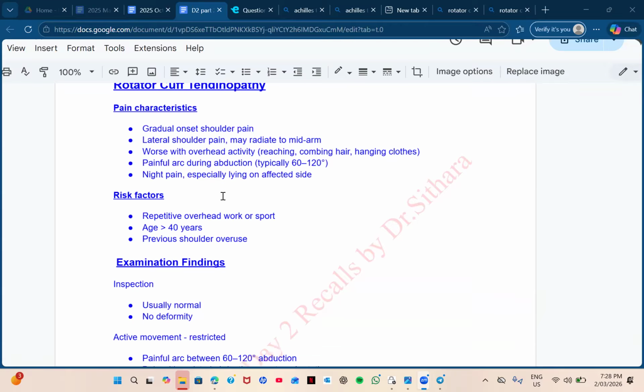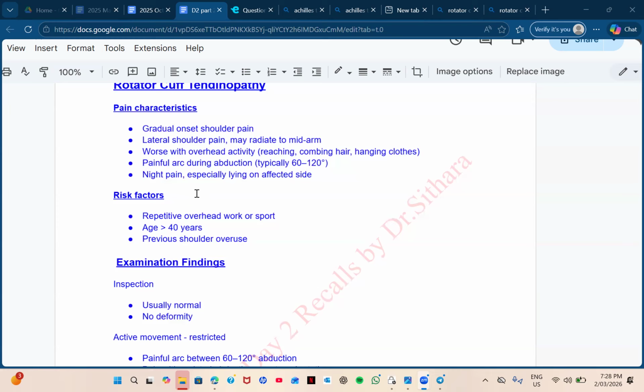Then painful arc during abduction, typically the 60 to 120 degree arc is very painful, doctor.